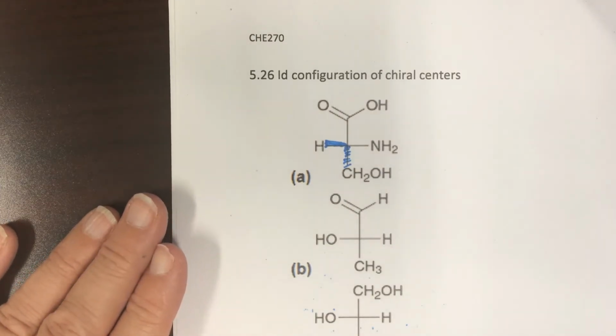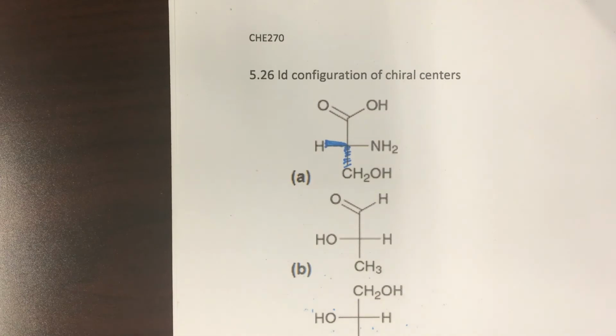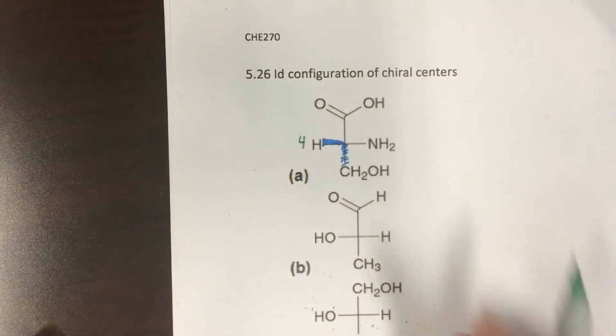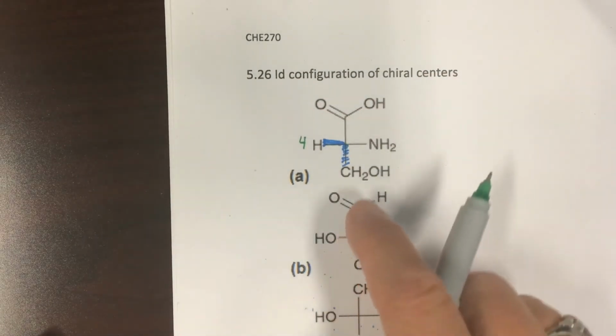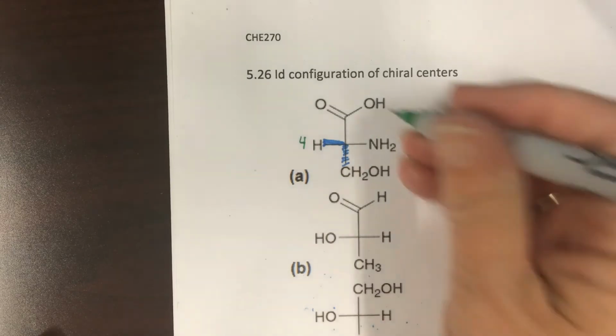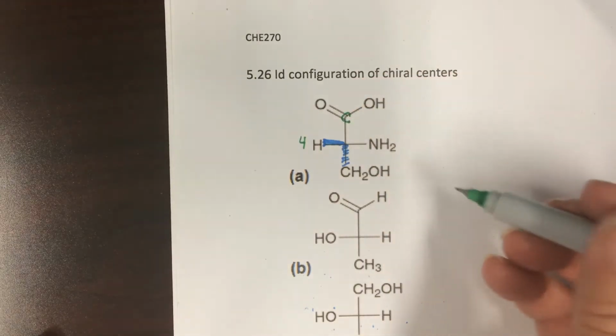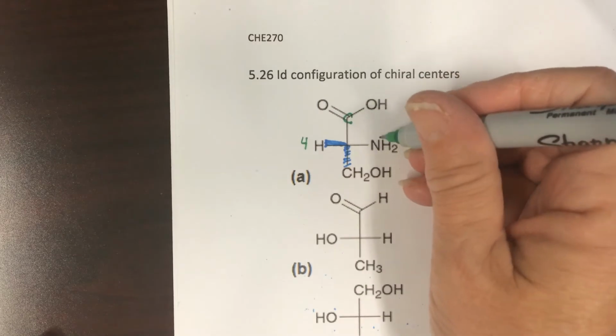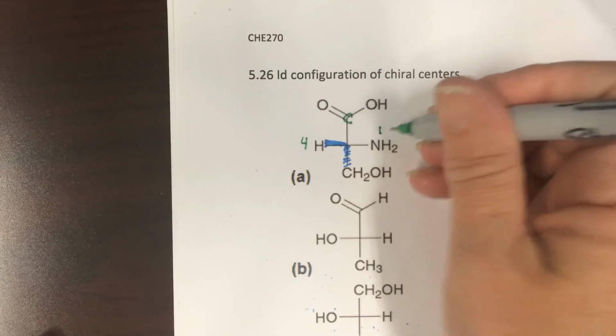Okay, then we'll need to assign priorities. That's a hydrogen, so that's going to be number 4. Nothing's going to be lower than a hydrogen. This is a carbon, and this is a carbon, and that's a nitrogen. Nitrogen has a higher atomic number than carbon, so it'll be number 2.